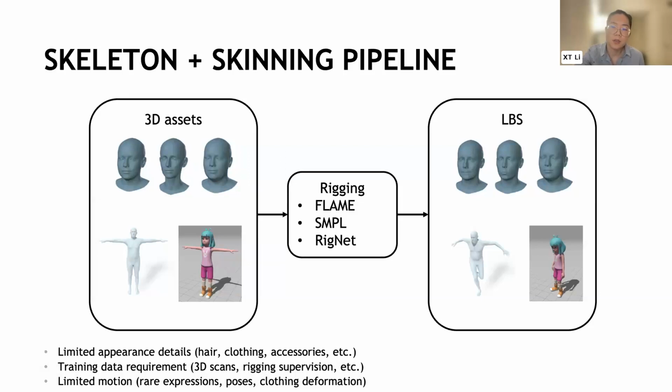And also these models are usually trained on large-scale 3D scans or rigged avatars. These data are not really easy to get in the real world. And furthermore, these models tend to struggle when the motion is rare or unseen in the training data. So sometimes they cannot capture, for example, the abundant expressions of humans in different application cases.